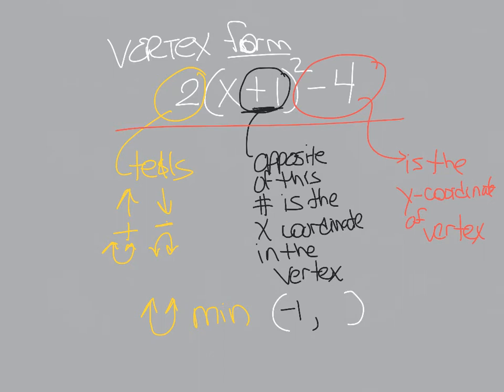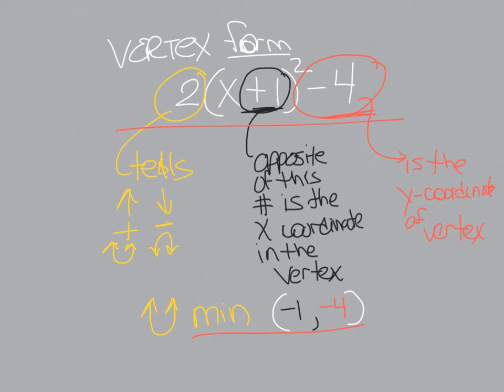And then our y coordinate is the number on the outside, -4. Okay? A minimum at (-1, -4). All right?